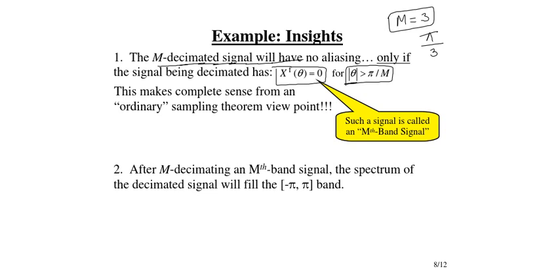Suppose it was defined till pi by 2, right? So when we take M equals 3 with that particular spectrum defined till pi by 2, definitely the replicas could overlap and we will get aliasing. So this is a condition to avoid aliasing in the decimated signal, right? So it is not easy to just simply downsample. Okay, we have to take care of the spectrum part, right?